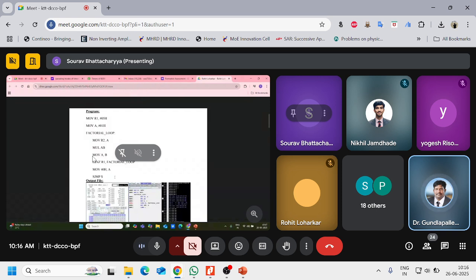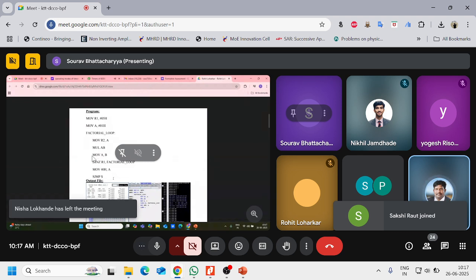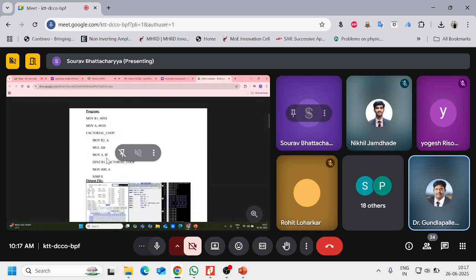So here there is one small thing which you need to address. Here MOV AB is there, right? This MOV AB will not work over here. After MUL AB, you have done MOV AB, isn't it? If you put this, you will not get your output.